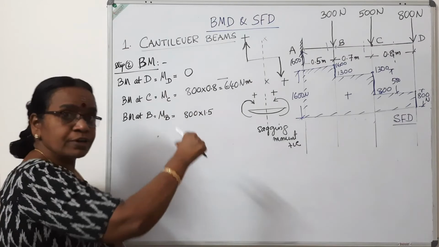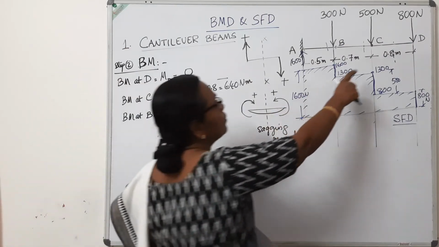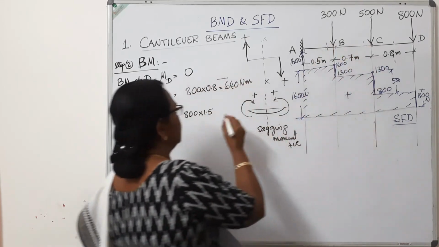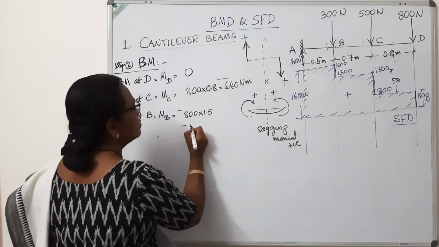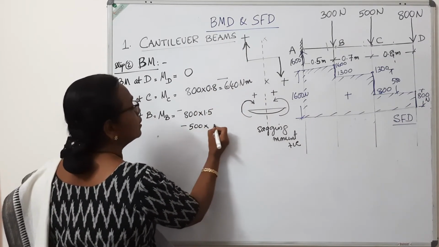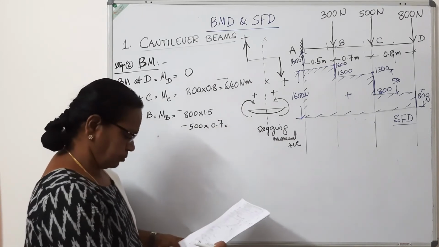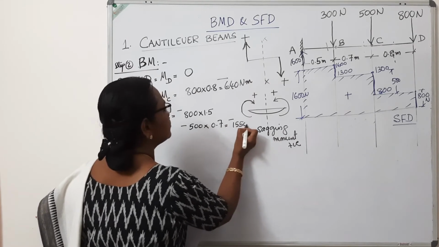It's producing clockwise moment, so it is minus. Then this 500 Newton is acting at 0.7 meter. That also produces clockwise moment. So minus 500 into 0.7. These two together work out to 1550.